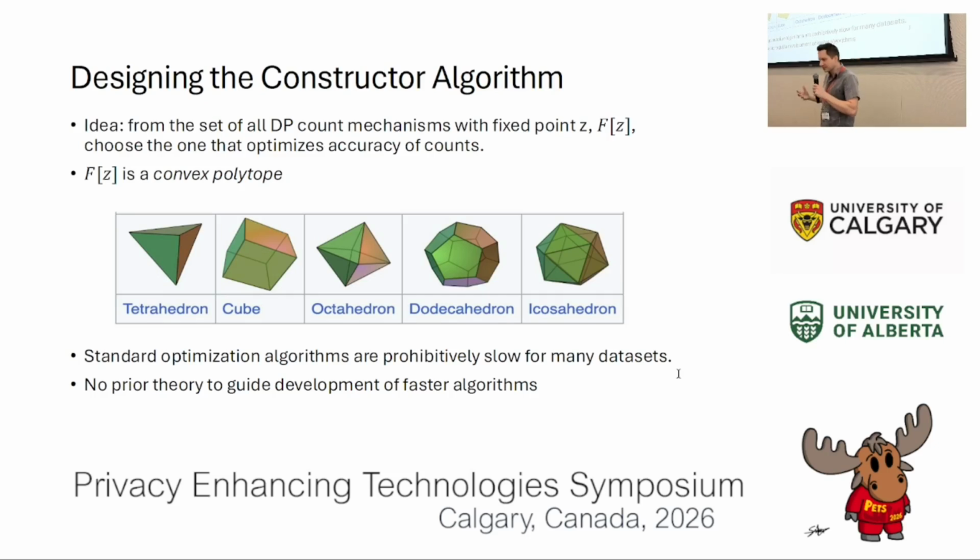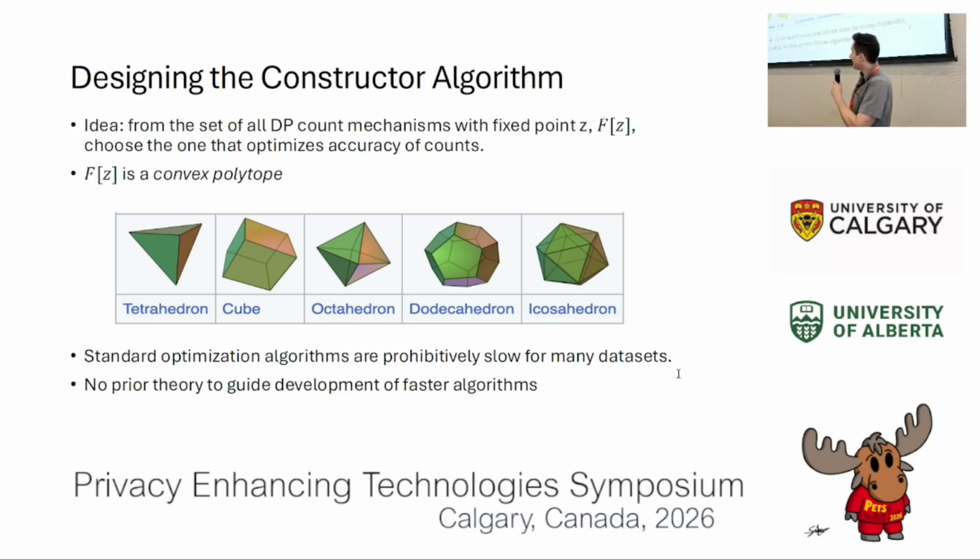We thought, okay, we want this constructor to look inside this promising set, f of Z. And additionally, we wanted to choose the mechanism in that set that optimizes accuracy of counts. So our thinking was, we already have this fixed point constraint, and the fixed point constraint supports our goal of accuracy of distribution. And so if additionally we work in accuracy of counts, hopefully we'll get a good balance between the performance criteria at the end.